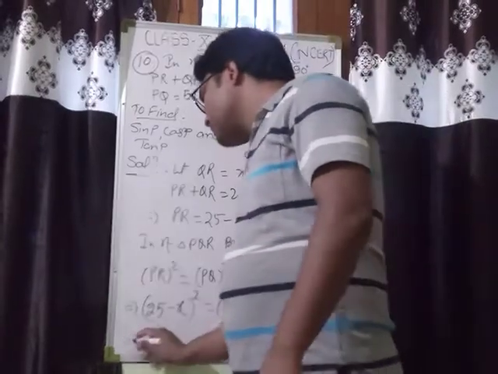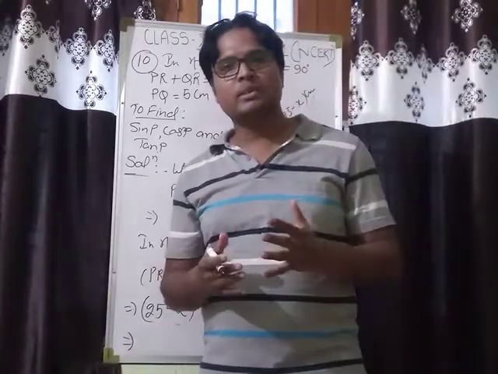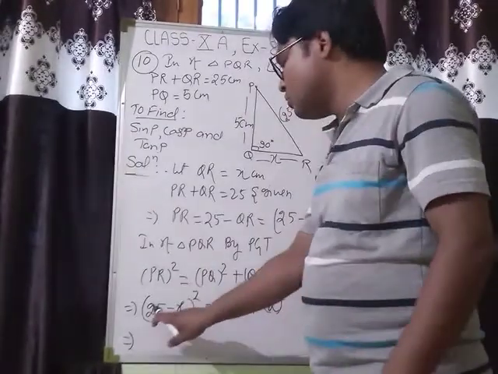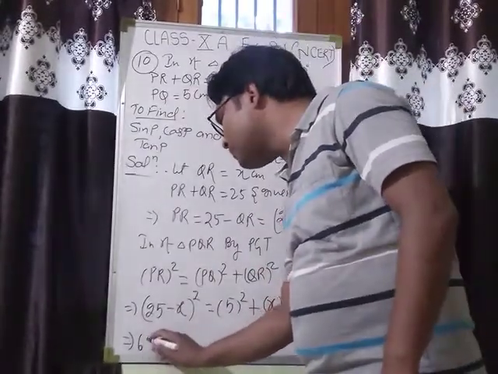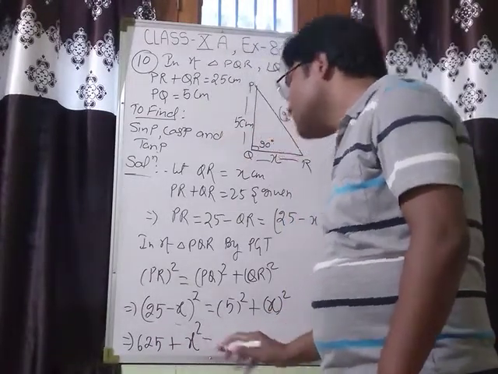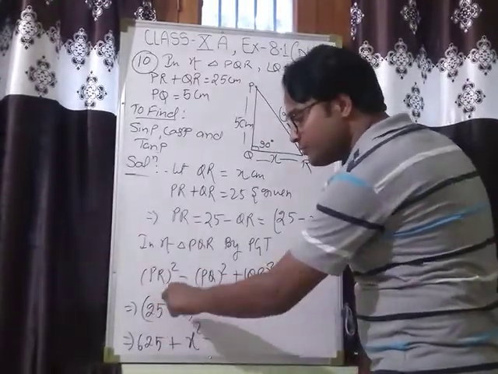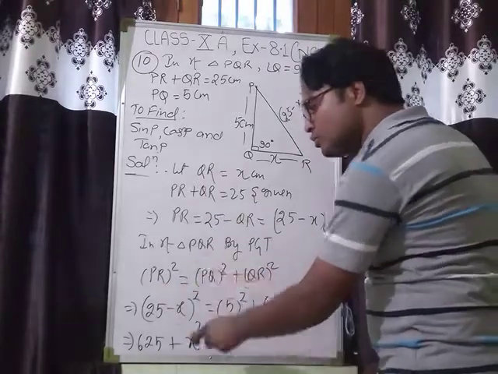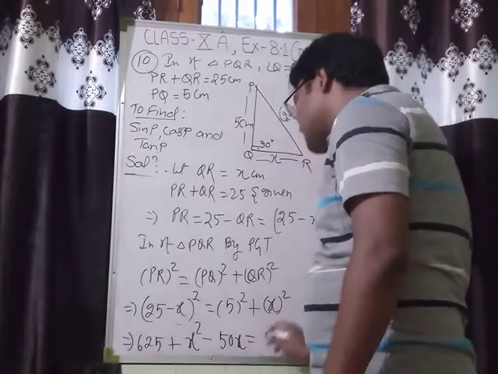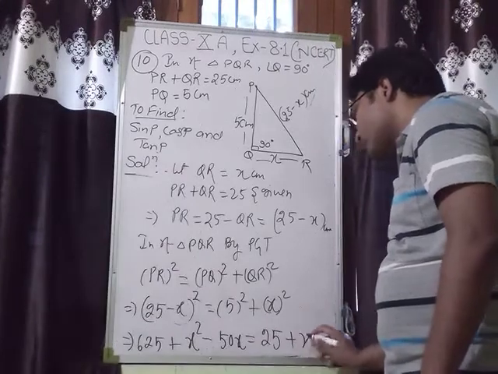So we have, see, this is of the form A minus B whole square. A minus B whole square is equal to A square plus B square minus 2AB. So 25 square, that is 625, plus B square means X square, minus 2 times their product, 2 into 25 into X, that is minus 50X, and that is equal to 5 square, that is 25, plus X square.